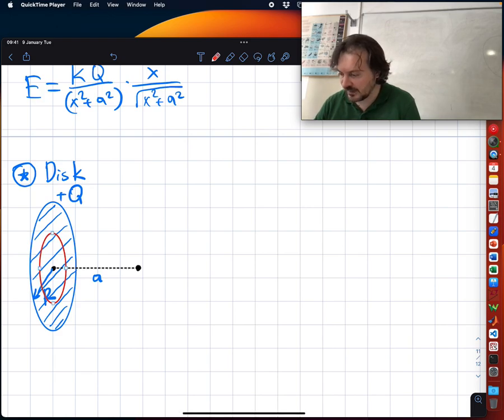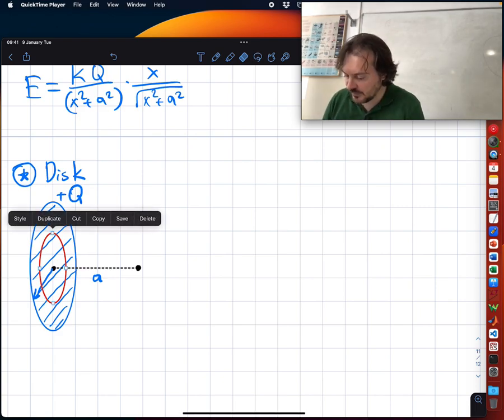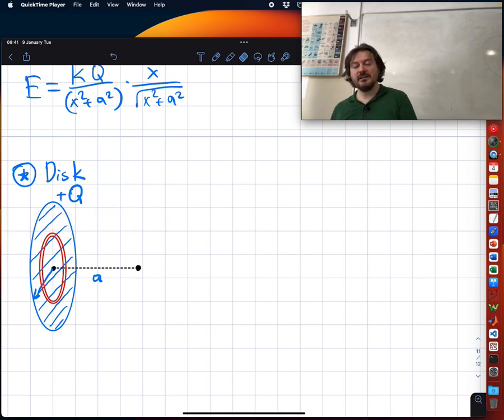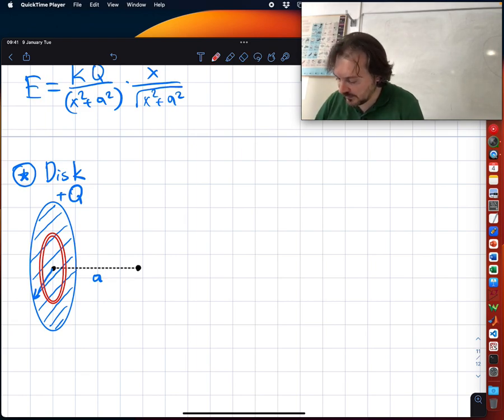If I take a section like this out of the disk, let me call this R, and this tiny bit over here is dr. Do you understand the geometry?